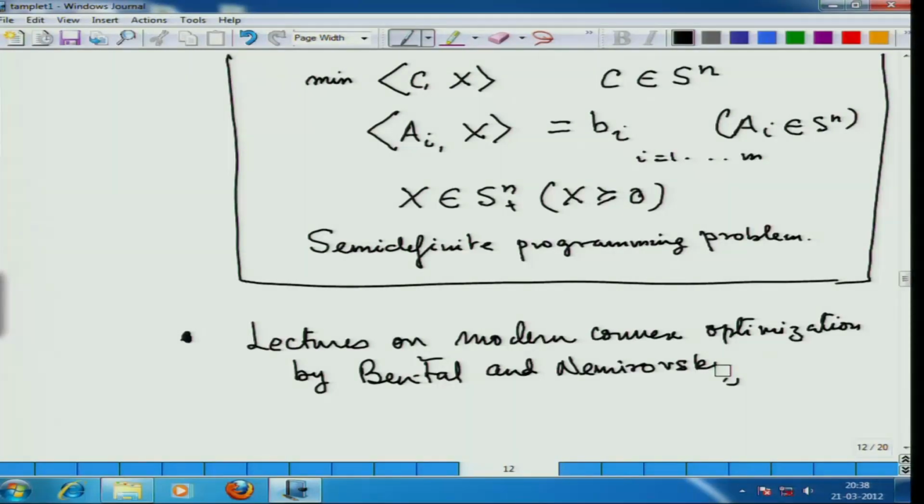It is published by SIAM, Society for Industrial and Applied Mathematics.